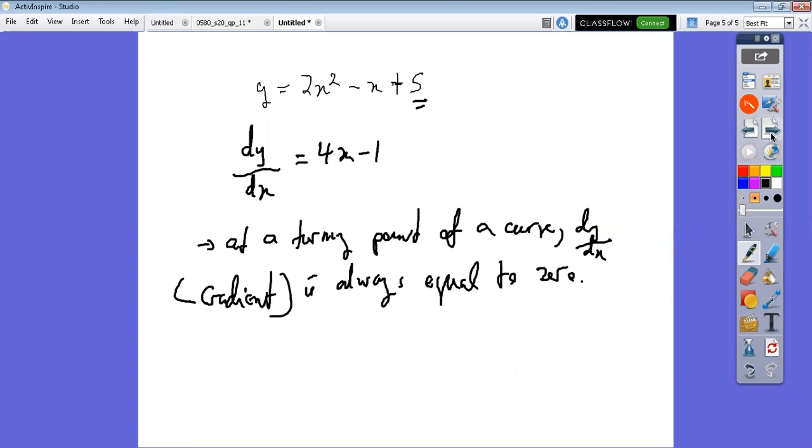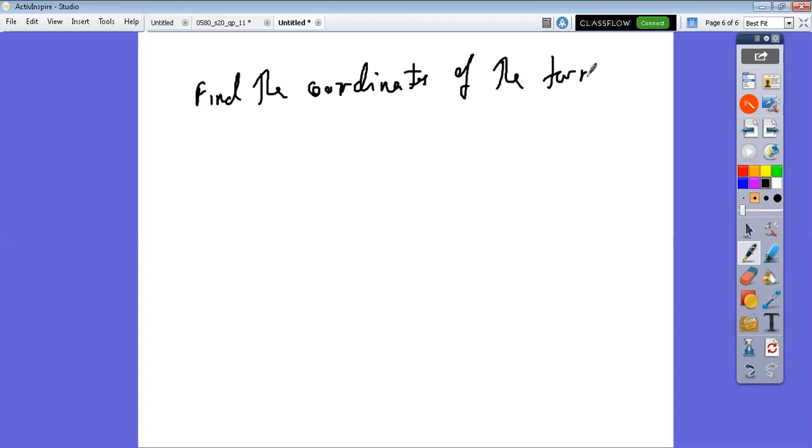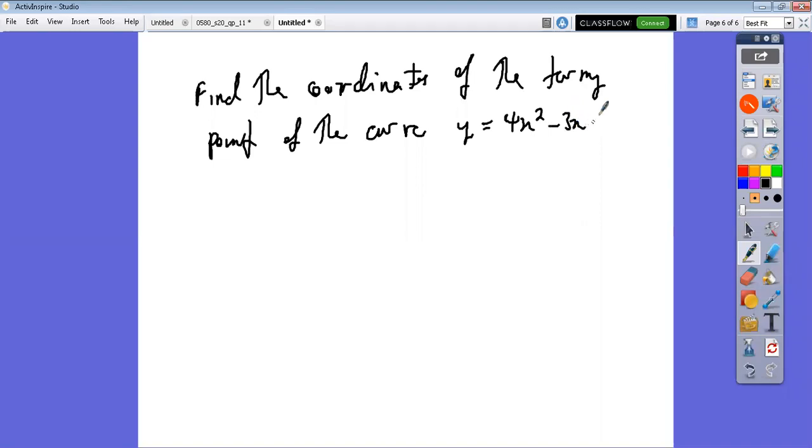So let's look at one question, but we'll look at more such small questions next week. Find the coordinates of the turning point of the curve y is equal to 4x squared minus 3x plus 2.